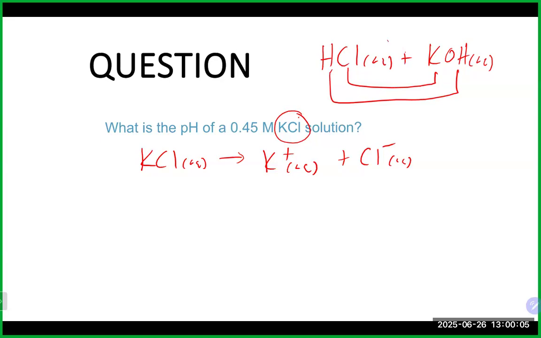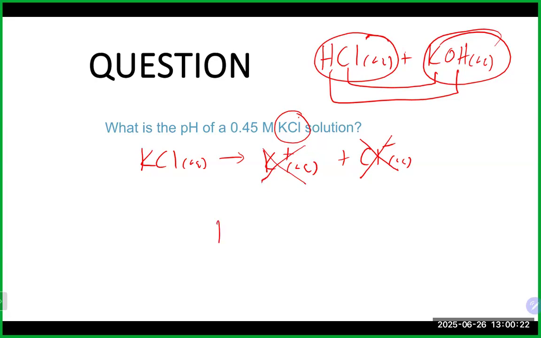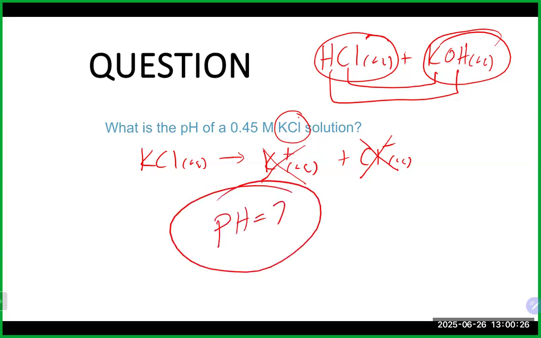Now, HCl, as we talked about, is a strong acid, which means we do not need to worry about it. It's not going to go through hydrolysis. KOH is a strong base, and K is group 1 on the periodic table, which also says it will not go through hydrolysis. No calculation needed. This is a neutral salt, which has a pH of 7. Any questions on that one?